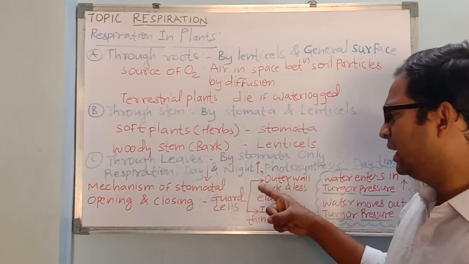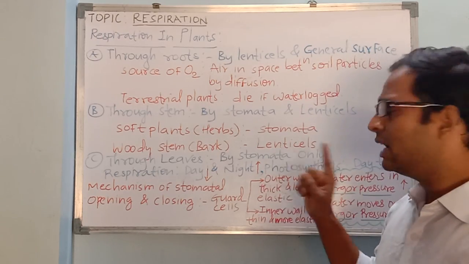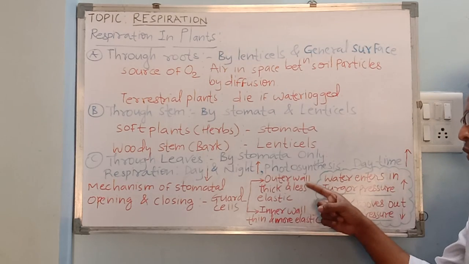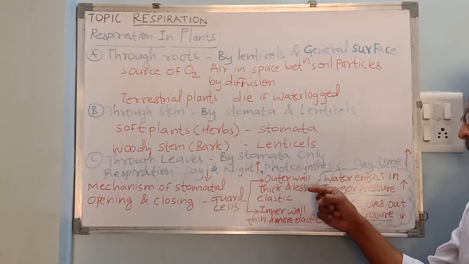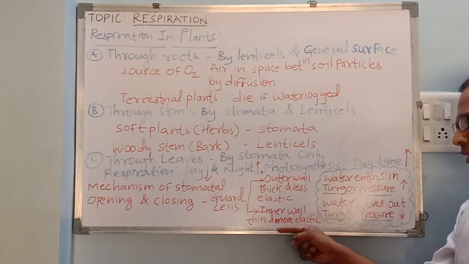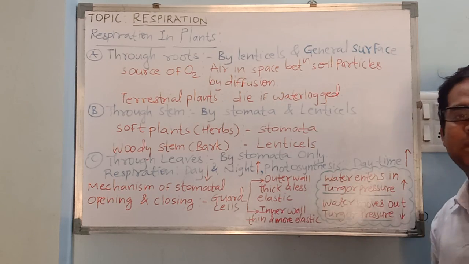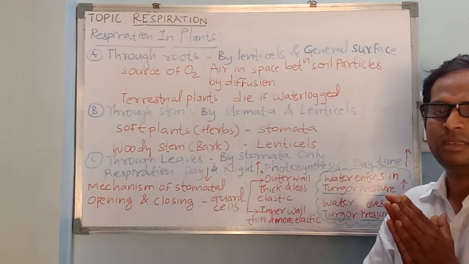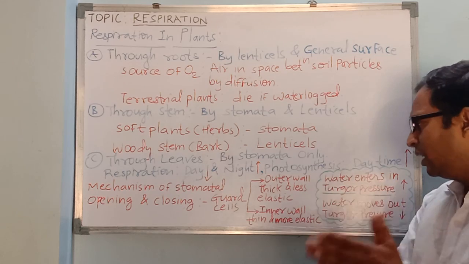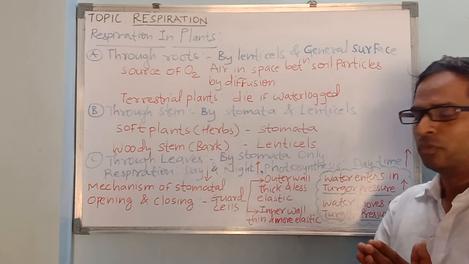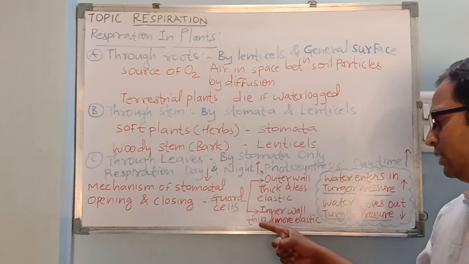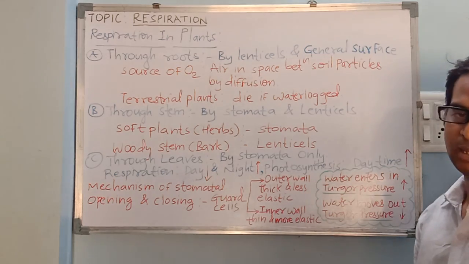So each guard cell has two walls, outer wall and inner wall. Now when you look at the difference, this outer wall is usually thick and less elastic, whereas this inner wall is thin and more elastic.